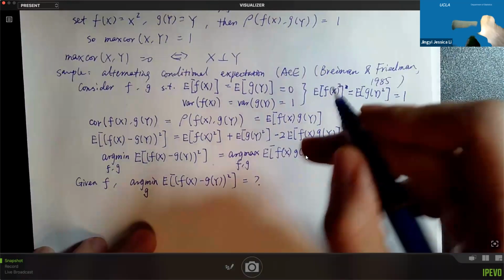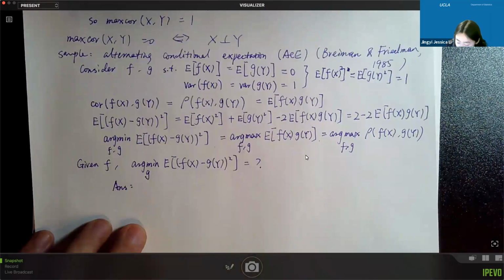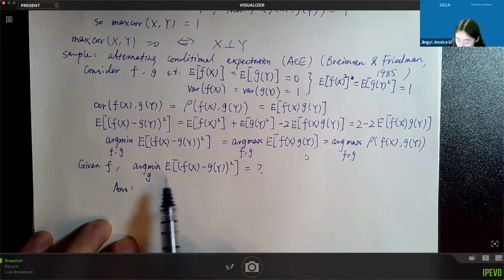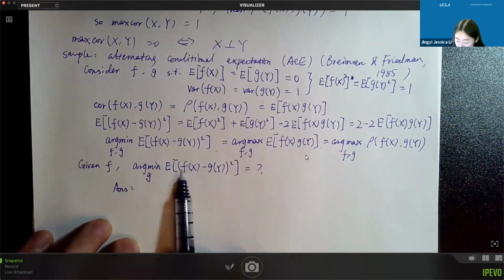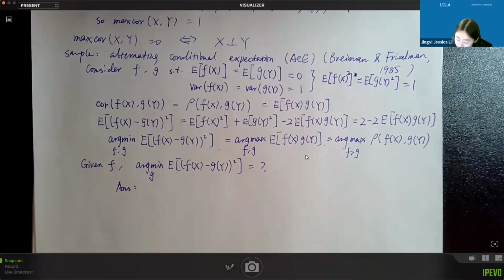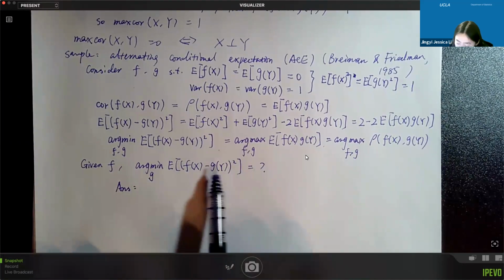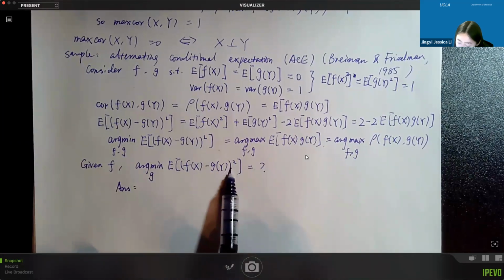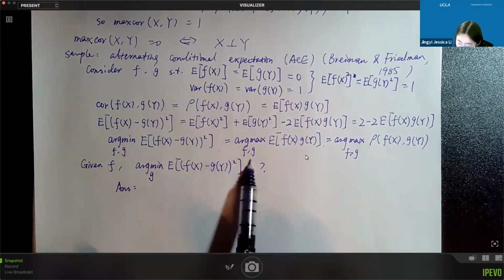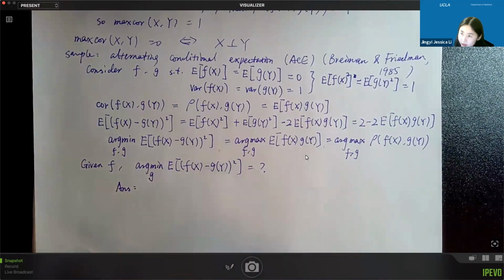You can show that yourself. How do you do it? Basically, because this g is the target you want to find, you can try to open up the square. You can subtract the expectation of f(x) given y and add back that expectation of f(x) given y. Then you can open up this square loss and see that that's actually the thing you need.